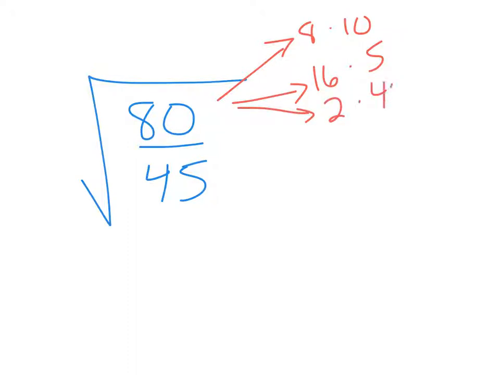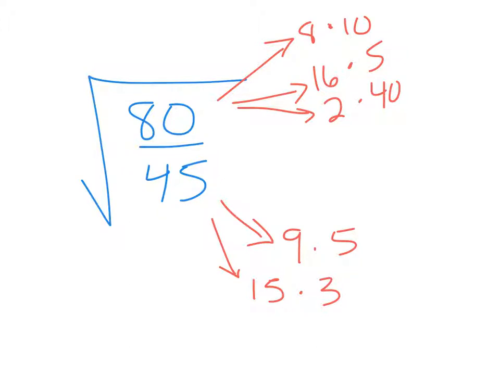I could go on a little bit longer here, but all these things are considered factors. All of these would give me that answer of 80. I want to do the same thing for 45. Yes, I know that 9 times 5 is 45. I know that 15 times 3 is 45.